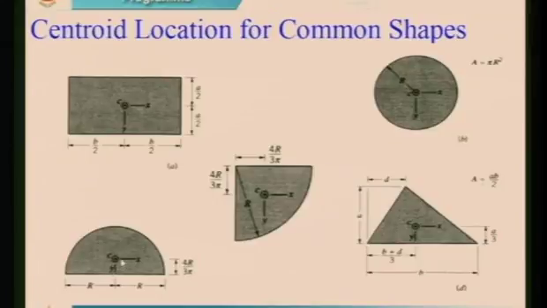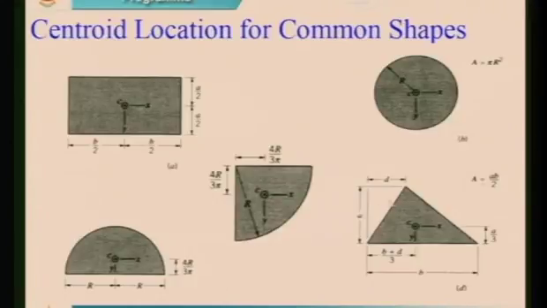Semicircle, 4r by 3 pi. I think you might have studied this in elements of civil engineering, correct? I am just reminding you again. For a quarter of a circle, mind it well, both the x side and y side will be 4r by 3 pi, where r is the radius and pi is 22 by 7.